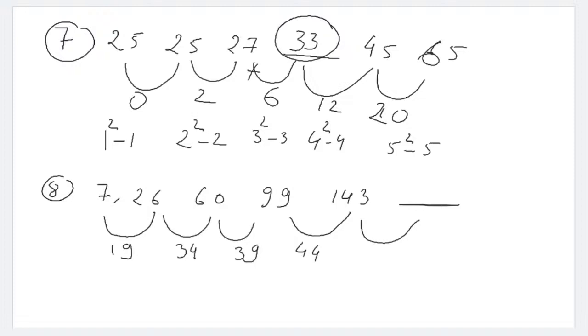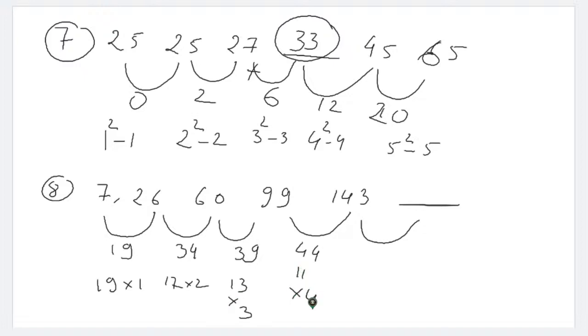But when you are good enough to play with the numbers, to identify the numbers by looking at them, you will come to know. Looking at this series, what I can see is that this is basically 19 into 1, 17 into 2, 13 into 3, 11 into 4.